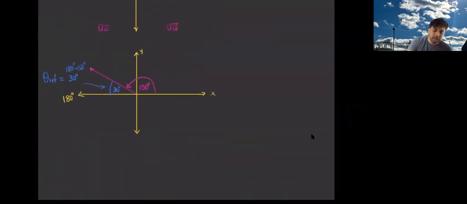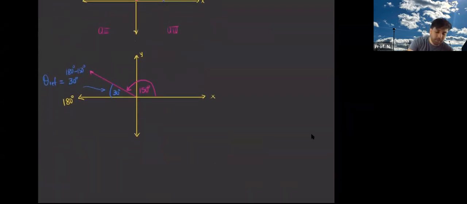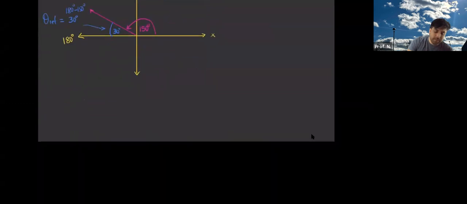Okay. Now what if I have another one of these little graphs here? And this time my terminal side is somewhere here.